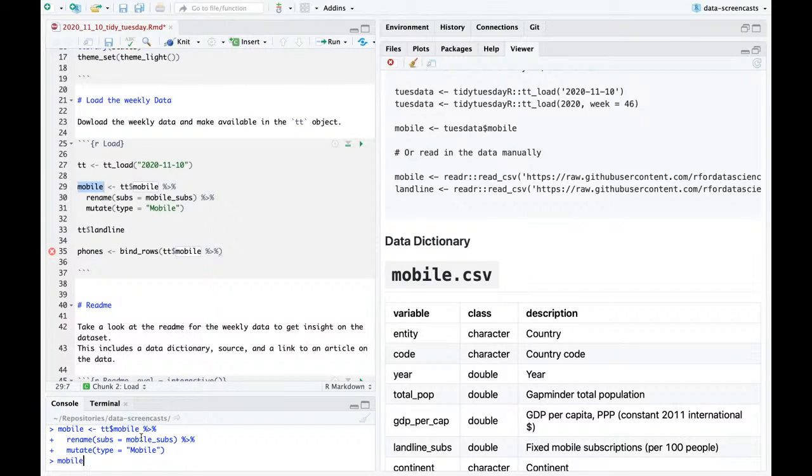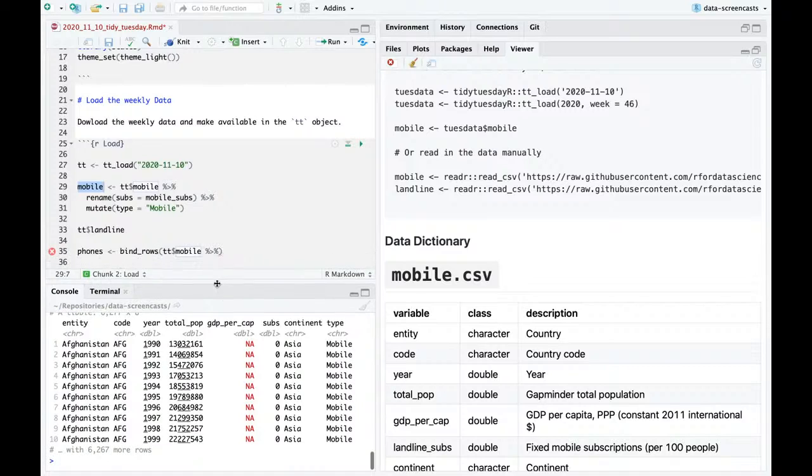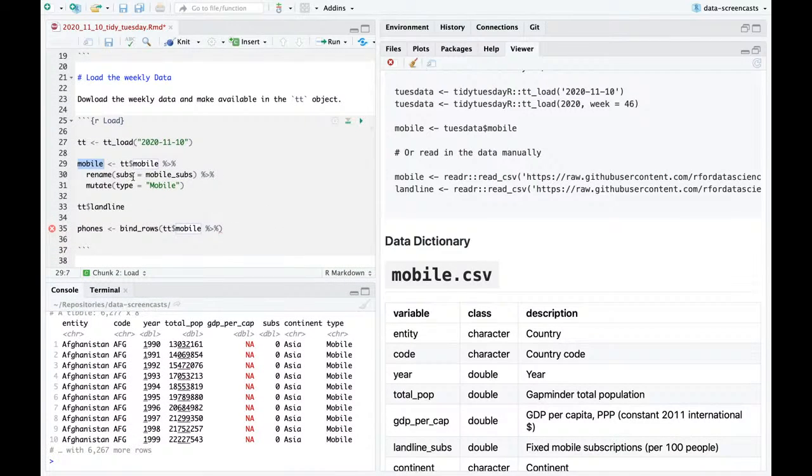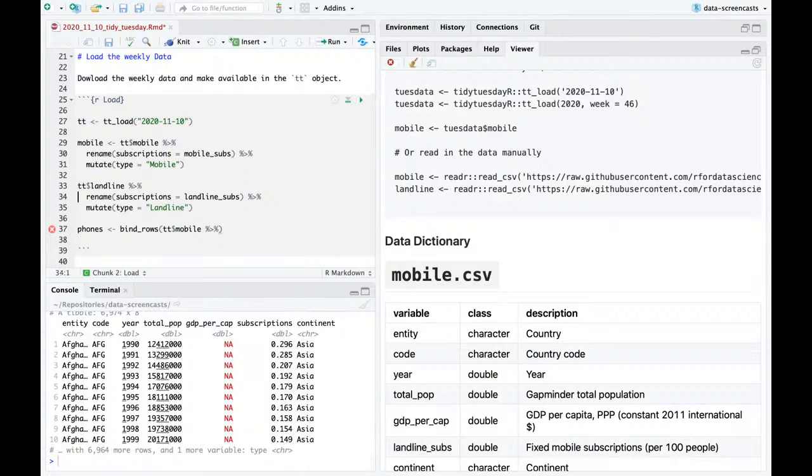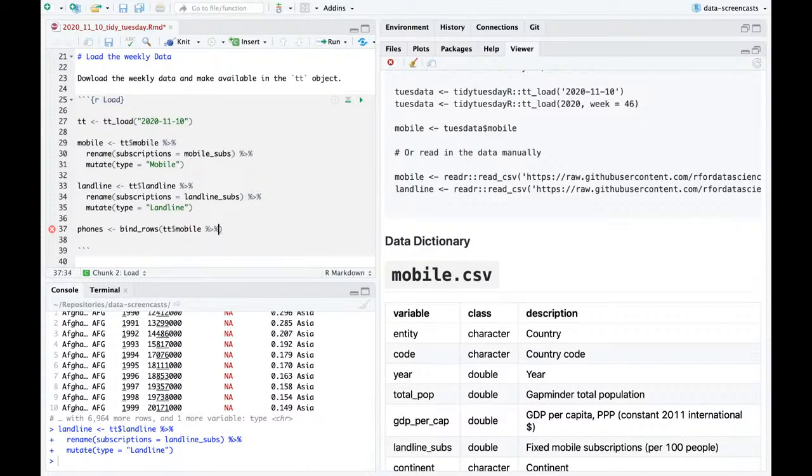I'm going to do the same thing to the landline. What I did is I changed that name to just subscriptions, why not? And I'll do something similar to the landline. Check that out, okay, landline. And phones is the combination of those two data sets.